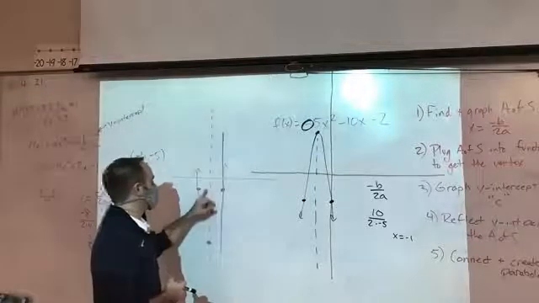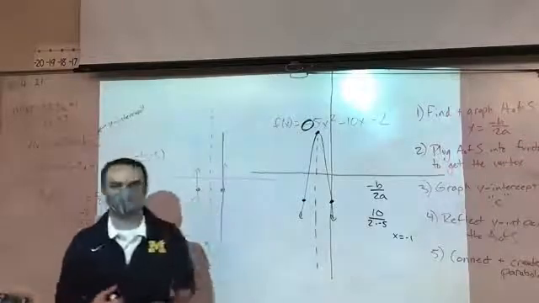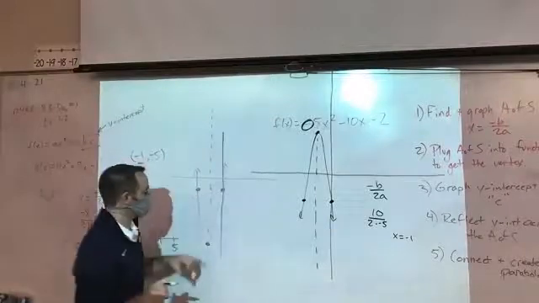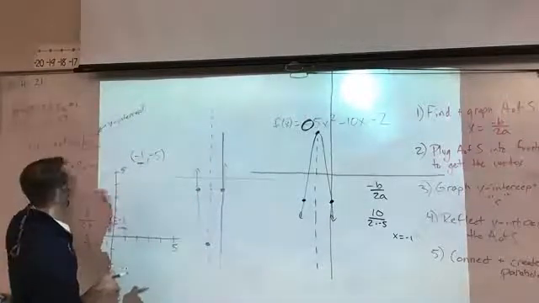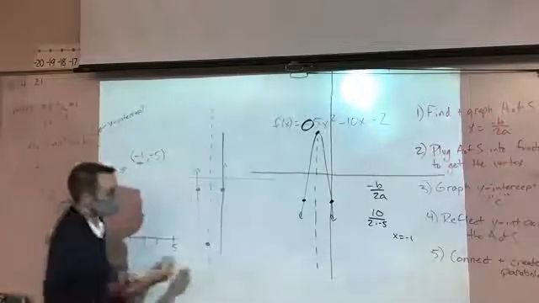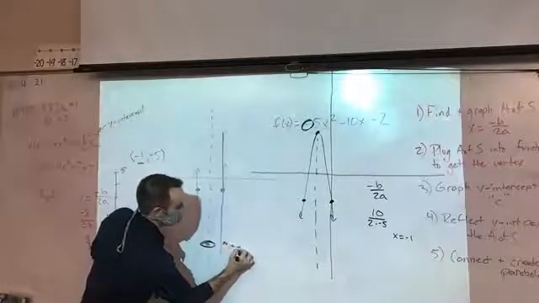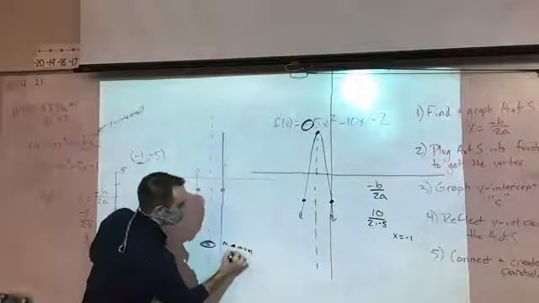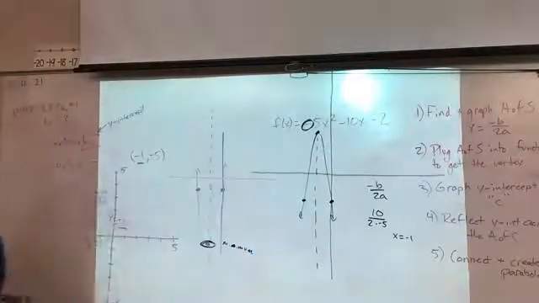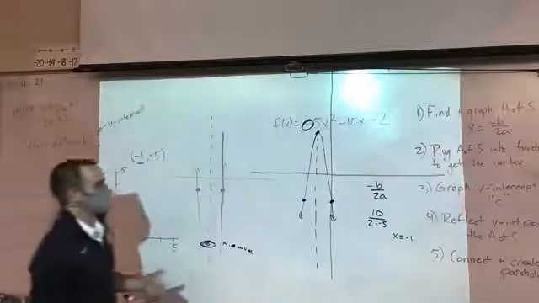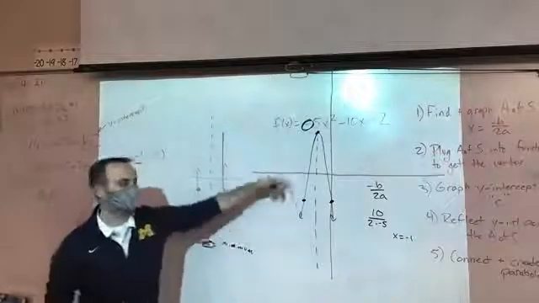The other thing that they're going to ask you about in the very first question of the homework is when you have a positive a value here, it opens up. The vertex down here is considered a minimum. That's the minimum value right there, right? It's the smallest it can be. Is there a minimum when it opens down?